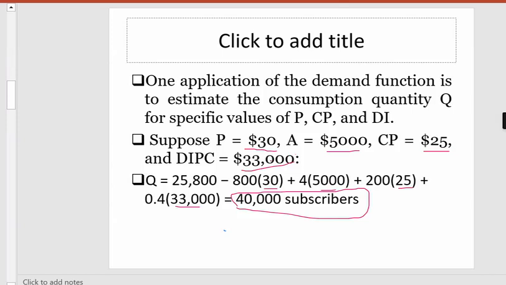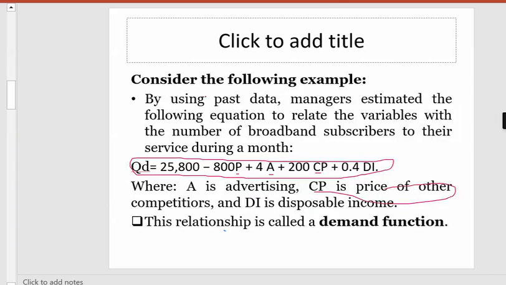Back to your question, doctor. The question is, you are given this was just analysis. Managers estimated the data and they got this equation. Kwamba demand yeye kutokana na analysis yake, anasema inakuwa affected by price itself, advertisement, price of other competitor, sawa, na income. Sasa, if you are having these values, amekupa P, amekupa advertisement, amekupa price of other competitor, amekupa income.